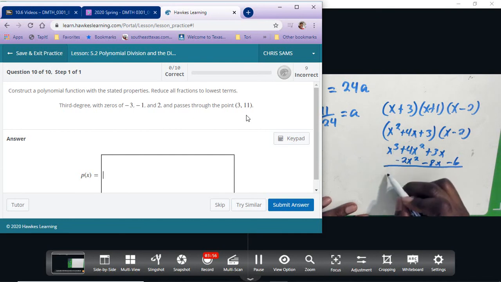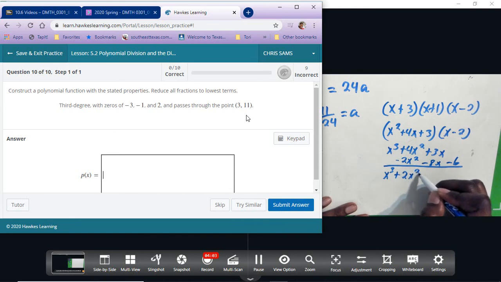And then x cubed comes down, plus 2x squared, minus 5x, minus 6. Here's our polynomial.